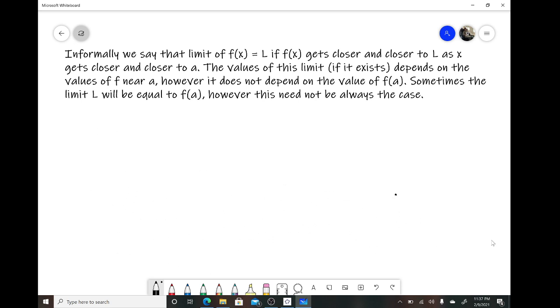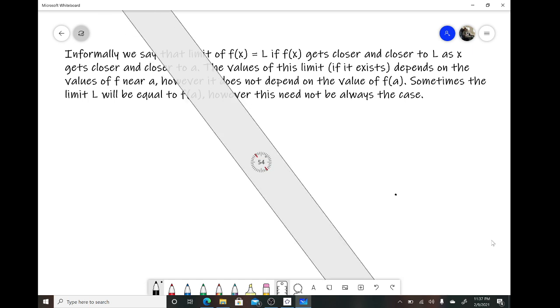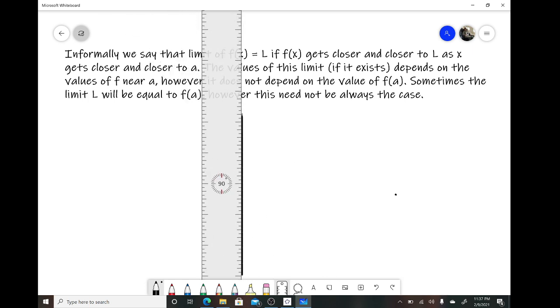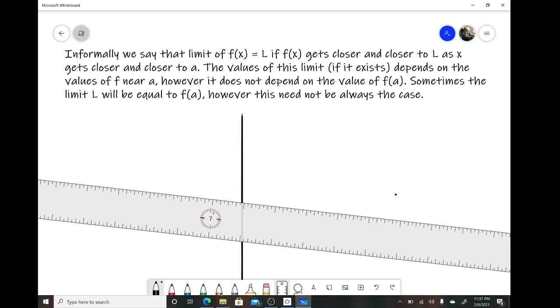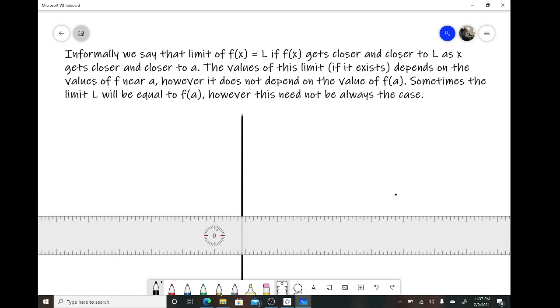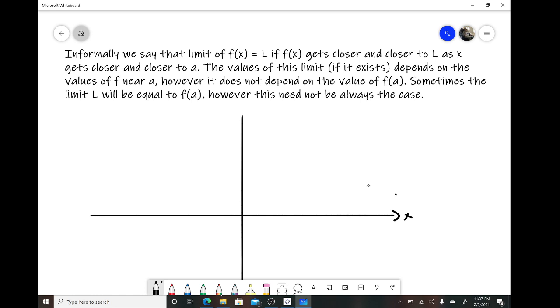I'll take the time to do this. Alright. So I have x, I have y. Not to scale. Obviously, we have the negative values, but I'm not gonna write them.